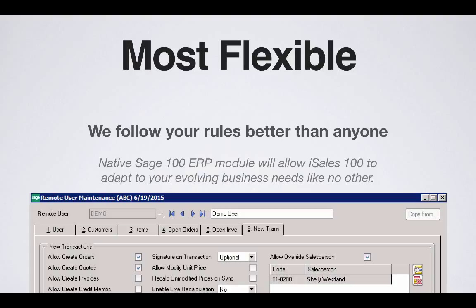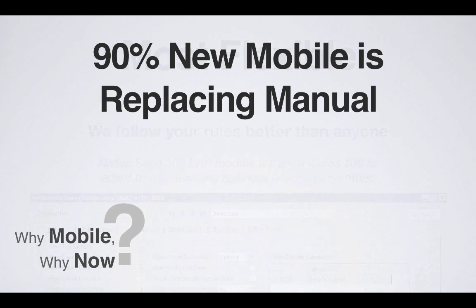Every single iSales user downloads the app from the Apple App Store, but then every single user potentially has a very unique experience using the app. You'll even see in this screen grab, if you look over on the left, there are check boxes for allowing creation of orders, quotes, invoices, and credit memos. So what we've done at the user level, with regards to customers, items, transactions, and so on, is build all of the rules that we need to be able to create that proper experience.